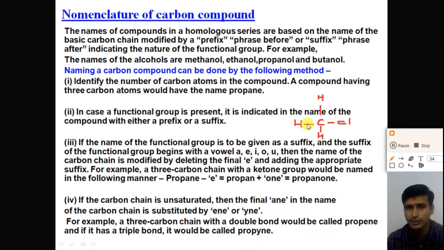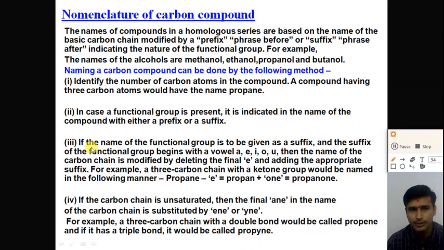And which functional group is present? Chlorine, the halo functional group is present, so its name is prefixed, chloromethane, right? If another functional group is present, the name is modified by either a prefix or a suffix.